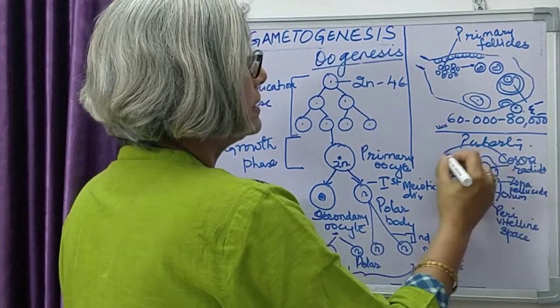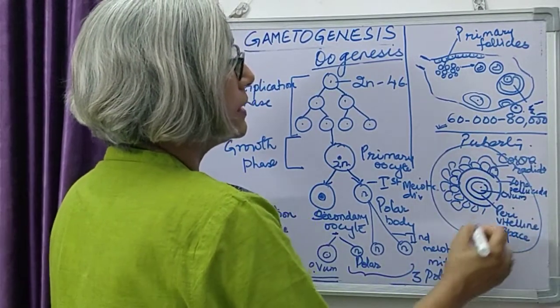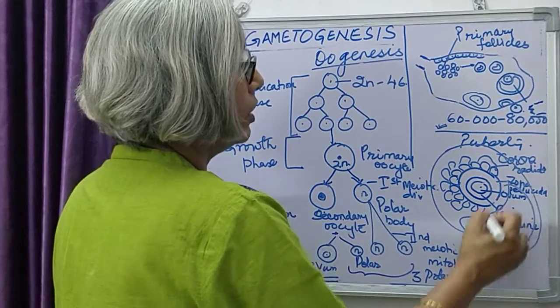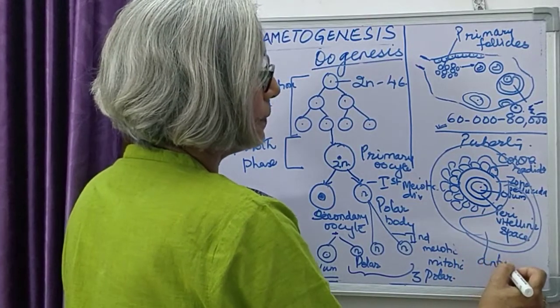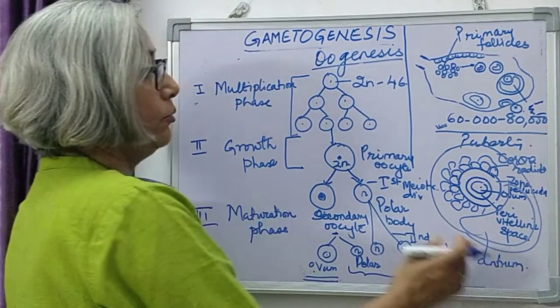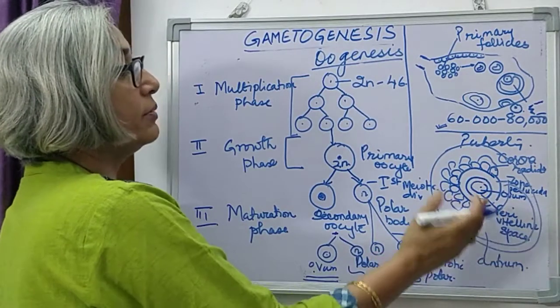And all this is there in the granular cells, and a cavity called antrum is there. Only at the time of fertilization this ovum will be released.